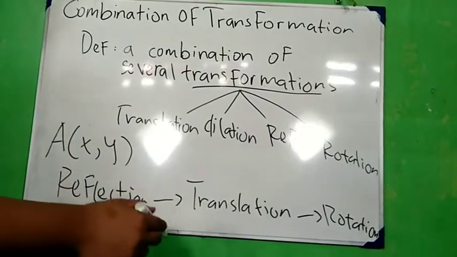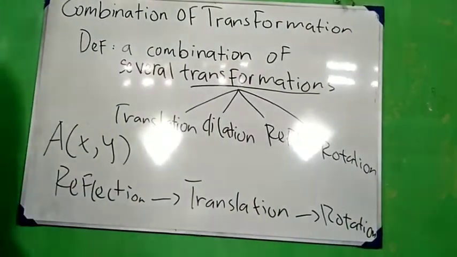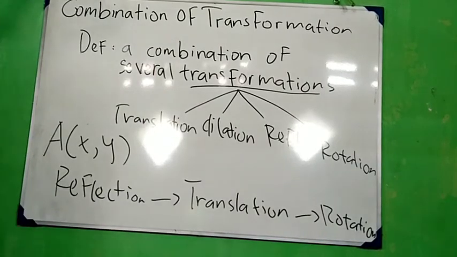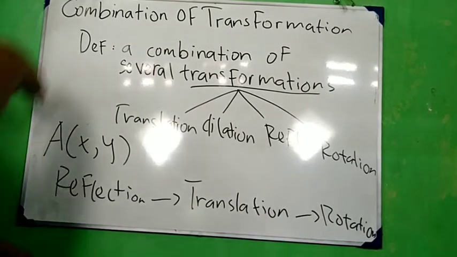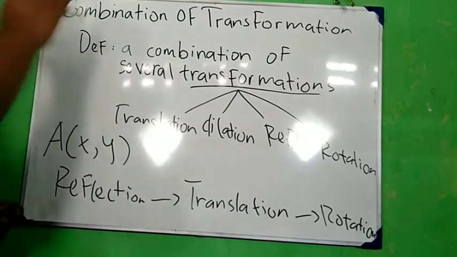This problem is the example of combination of transformation. Do you understand? So after we understand about the definition, let's jump to the method of solving this kind of problem.